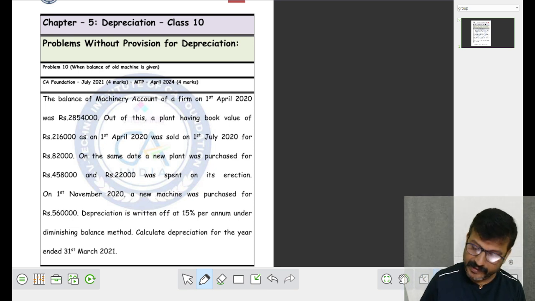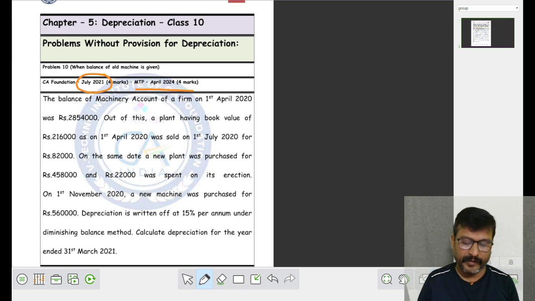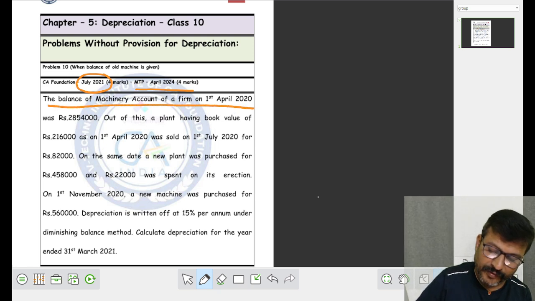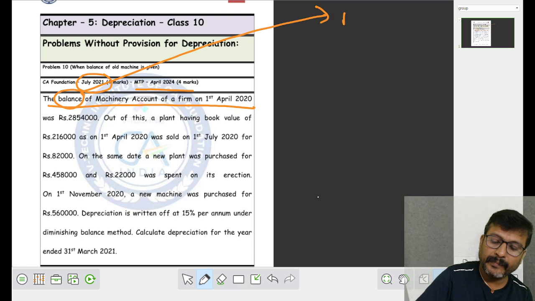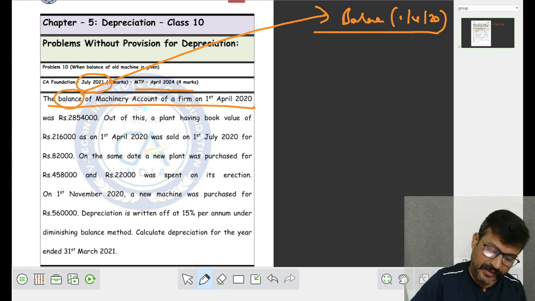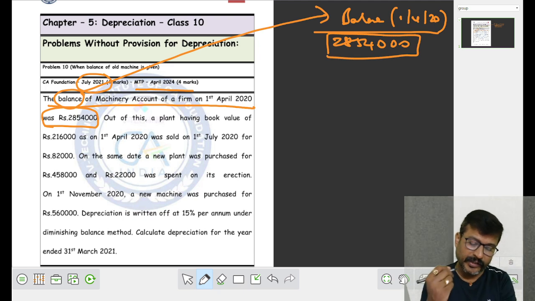See, this is a question asked for CA Foundation in July 2021 and also MTP 2024. See what happened. The balance of the machinery account of a firm on 1st April 2020 is 28,54,000.